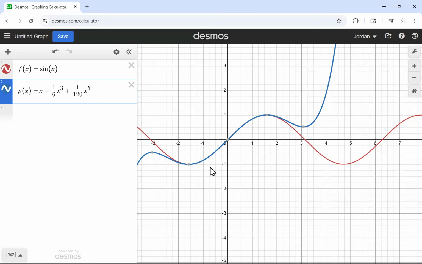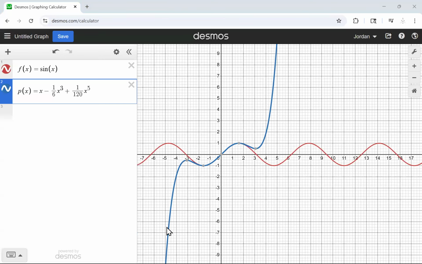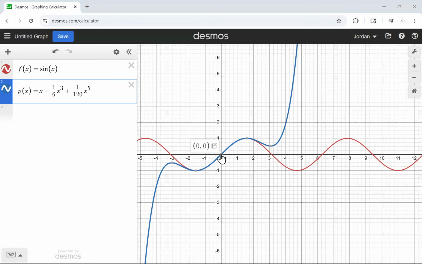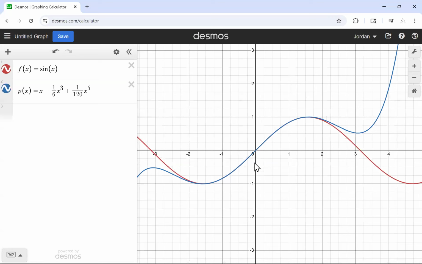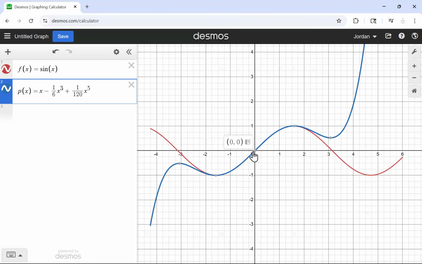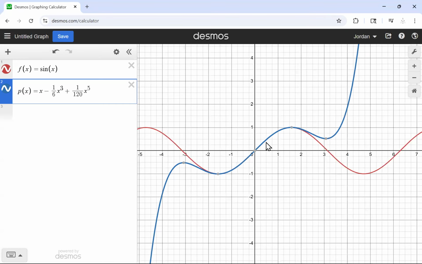So, as we haven't looked at this before, the polynomial approximation of sine, technically 6th degree, but a 5th degree polynomial, gives us the same value at the origin. And then you can see as we start moving away, we're following this curve pretty closely with the polynomial.